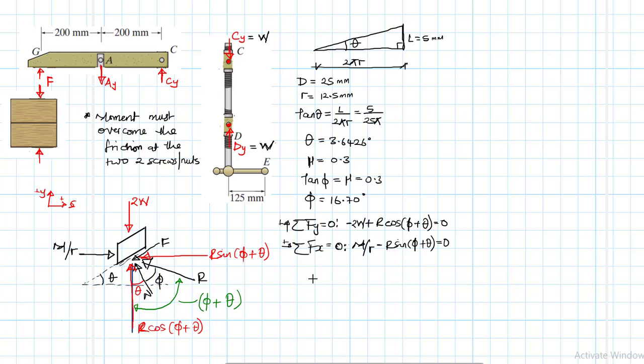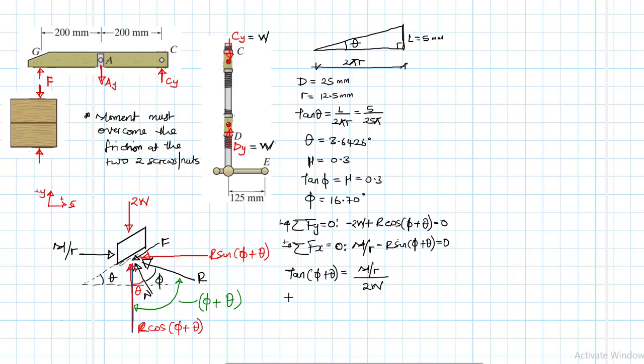When we divide the two, they give us tan of phi plus theta equal to m divided by r divided by 2w.